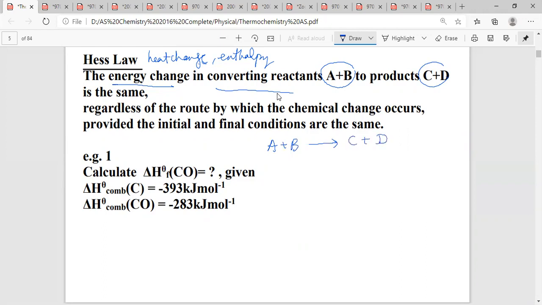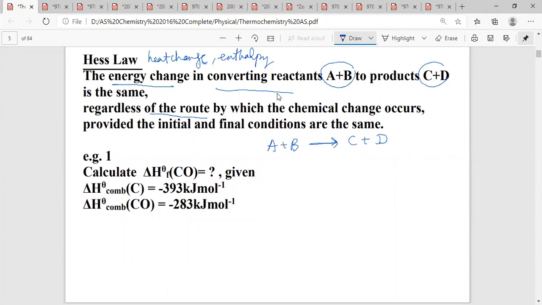I find it easier to look at some examples. It can be A, B, C, and D, E, F, whatever. It's the same, that means the change here is the same regardless of the route in which the chemical change occurs. Normally there are 2 routes, 3 routes or 4 routes.